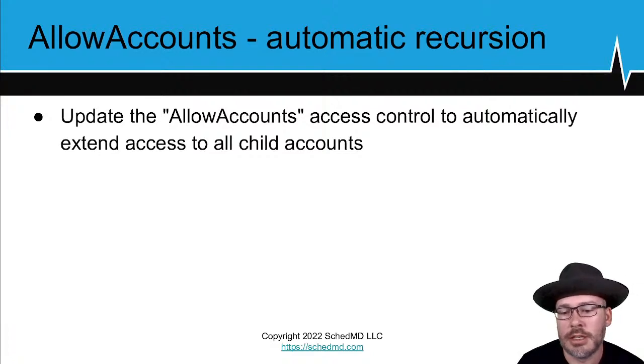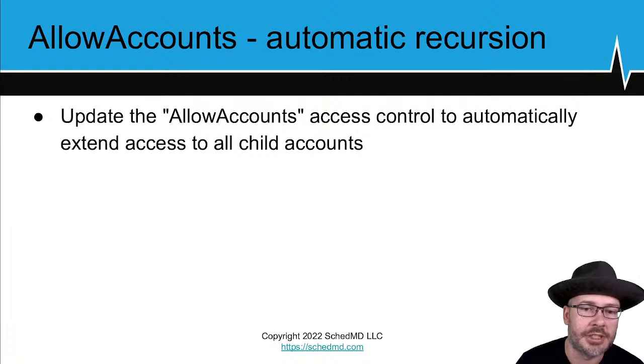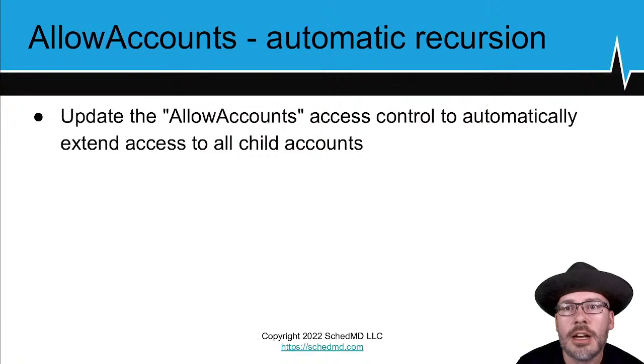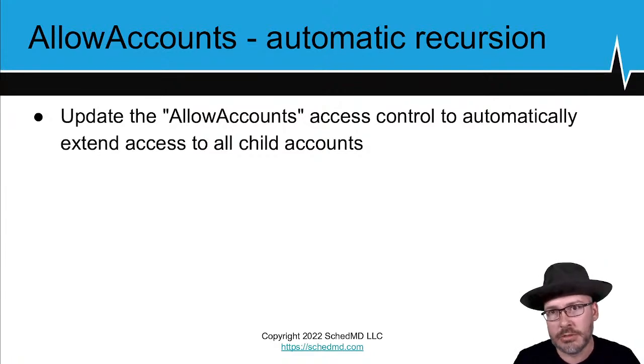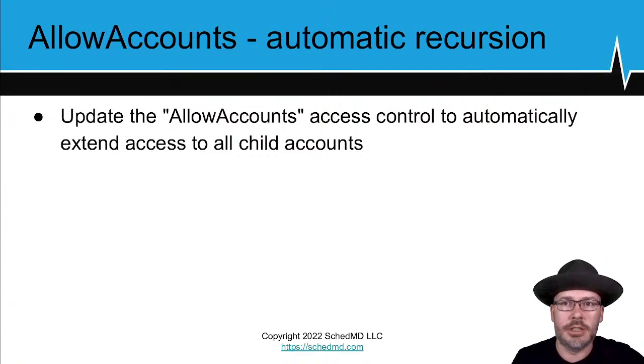Another thing coming in, AllowAccounts is an access control that you can use on the partition. One somewhat common request we've had, and something that we have only just gotten around to, sadly, is the idea of having it recurse automatically. So in Slurm, every account has a parent account up until the root level of your association hierarchy.